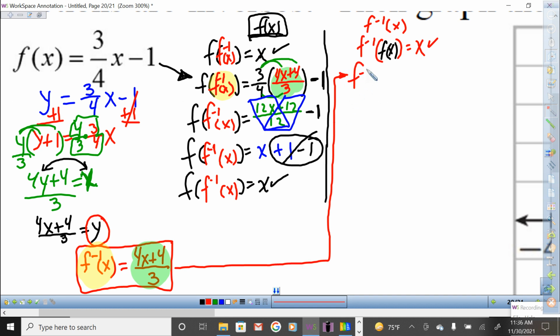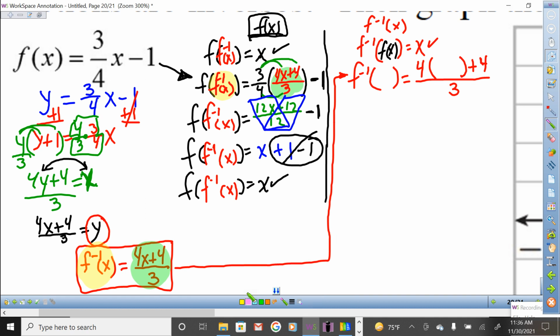And I'm going to write f inverse parentheses equals 4 parentheses plus 4 over 3. Yes? Yes, Mr. Q. So what am I going to substitute in here and here? Well, I'm going to use my highlighters to show you. Here we go. Now I'm going to substitute f of x in here. And then I'm going to substitute, let's see, can you guys see the baby blue?